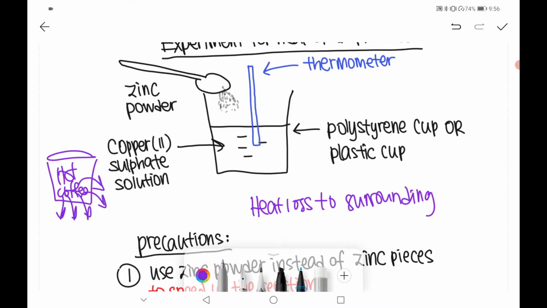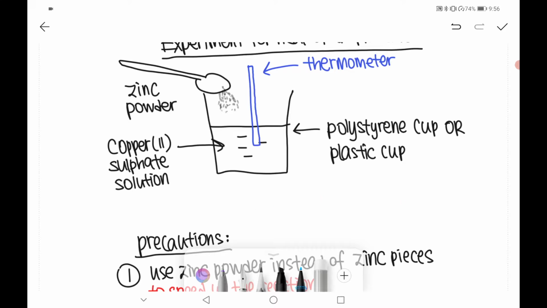If the heat goes out, the coffee will become cold very fast. When we order hot coffee, of course we want to drink it while hot. So we use the plastic cup to minimize the heat loss to the surrounding, and the coffee can stay hot for a longer time.